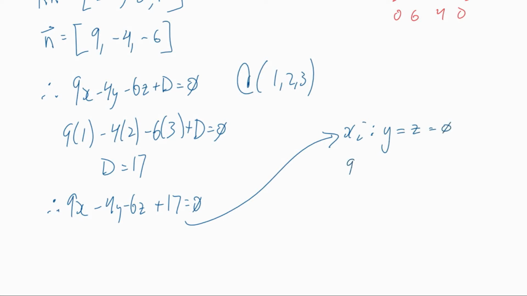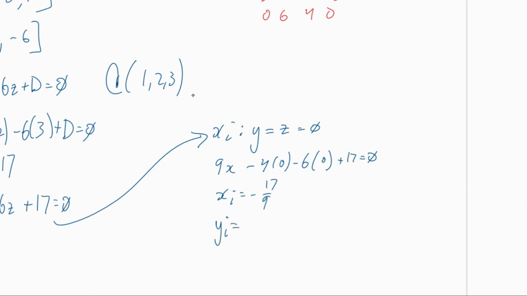So I've got 9x minus 4 times 0 minus 6 times 0 plus 17 equals 0. So move the 17 over and divide by 9, and my x-intercept is negative 17 over 9. See how that works? So the 17 moved over, and I just divided by the coefficient of the x term.